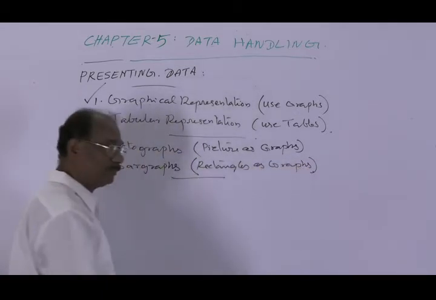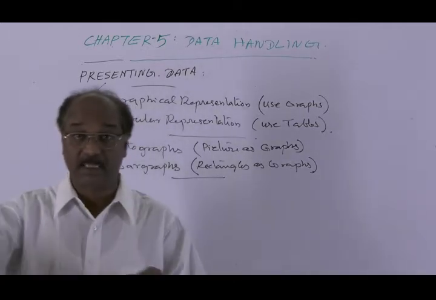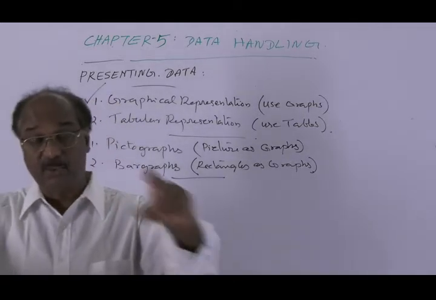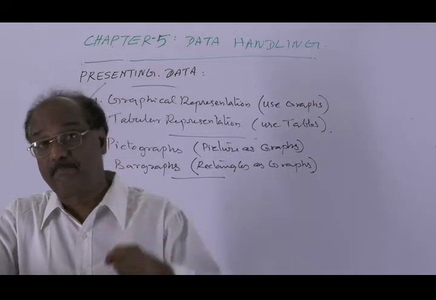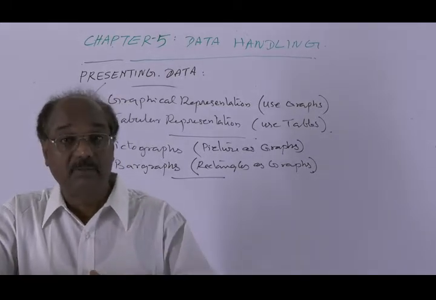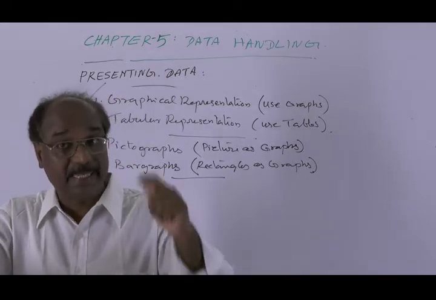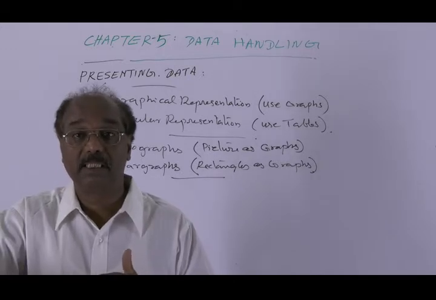So two types of graphical representations: one, use pictures as graphs; and bar graphs, using bars, that is rectangles, we can represent the data.